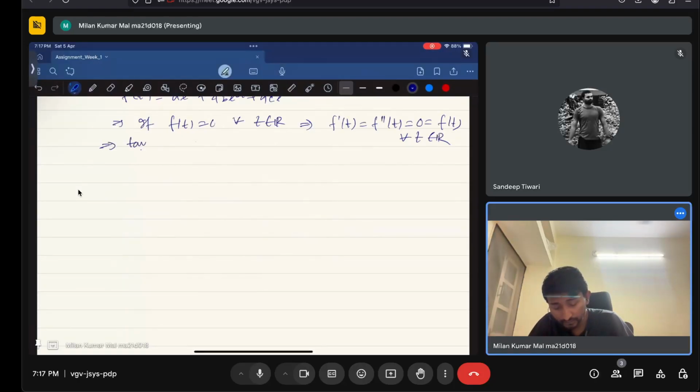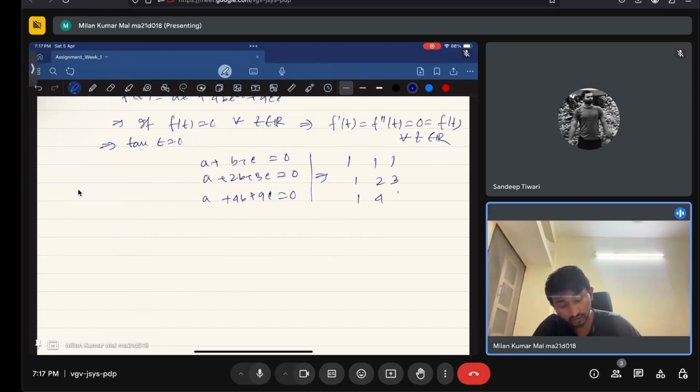Take t equals to 0, then a plus b plus c equals to 0, a plus 2b plus 3c equals to 0, a plus 4b plus 9c equals to 0, and this is what it is saying: the matrix 1 1 1, 1 2 3, 1 4 9 times a b c equals 0.